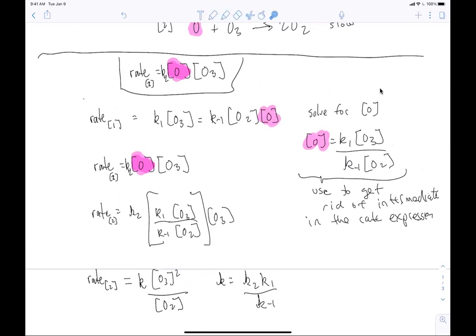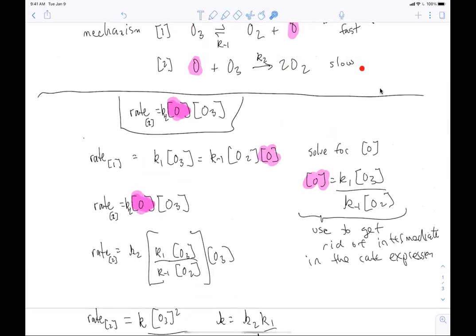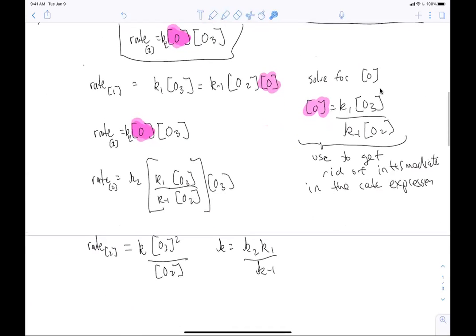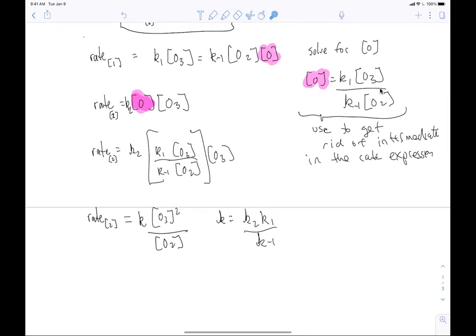This whole process is how to get to the rate law. So you write out the steps, write out the rate for the slowest step, and then if you have an intermediate, you want to figure out a way to get rid of that intermediate in that rate expression that you write out for the slowest step, and that's what this whole process is that we went through. And then why does O2 appear in the bottom? Because I made a mistake.